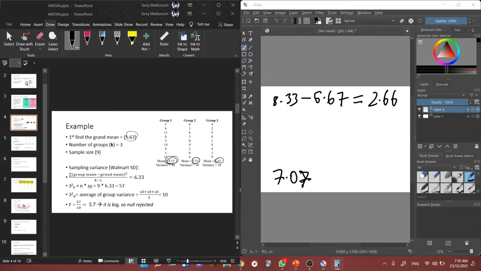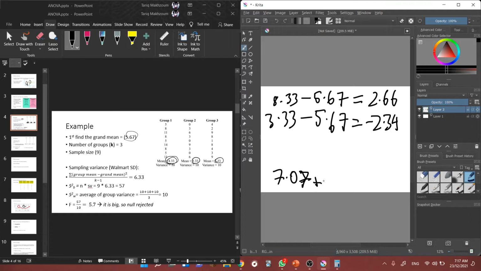And then we do that again for the next group mean, so that's 3.33. So 3.33 minus 5.67 gives you minus 2.34.